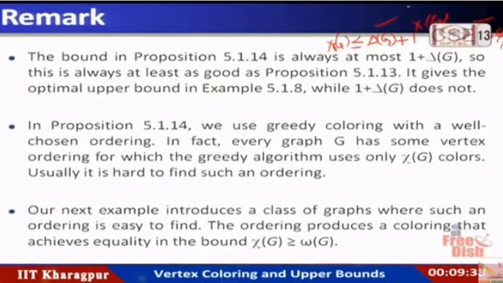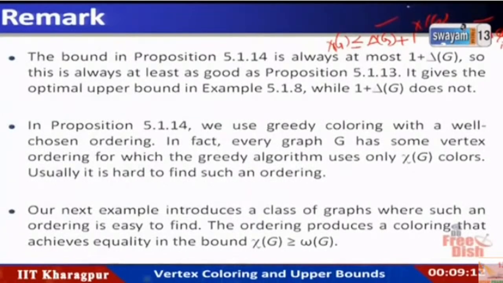It gives an optimal upper bound for a particular example that we have seen, the union of an odd cycle and the complete graph, while 1 plus maximum degree does not give it. So in proposition 5.1.14, that is Welch-Powell, we use the greedy coloring with a well chosen ordering.